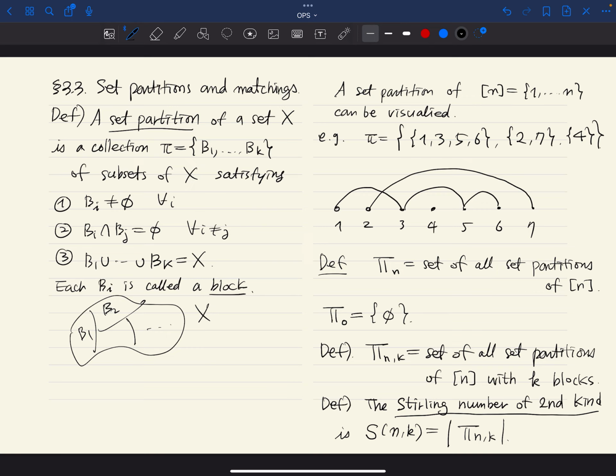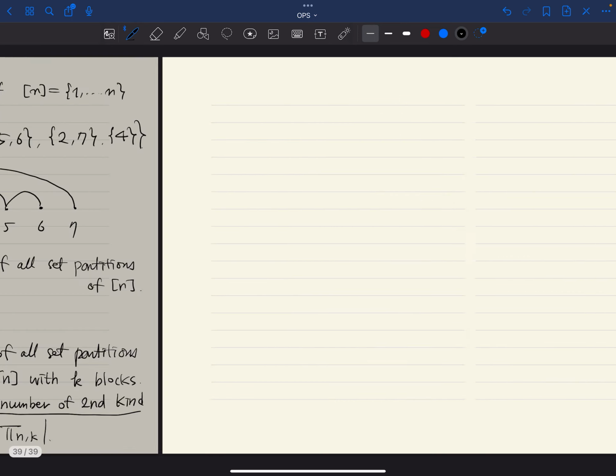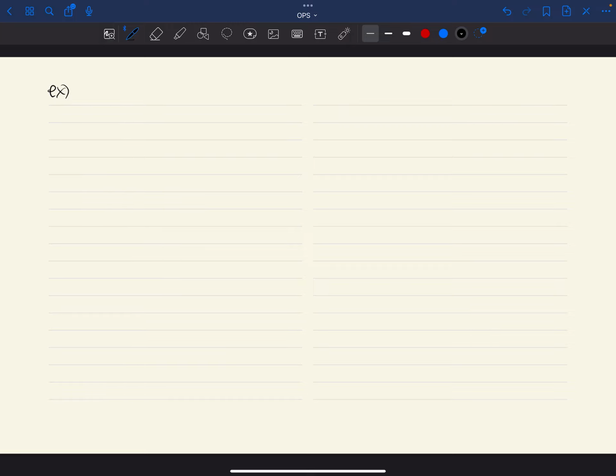So let's compute some of these. First example, if n equals 0, this is 1 if k is 0, but otherwise it's going to be 0. So maybe I can write delta k 0.